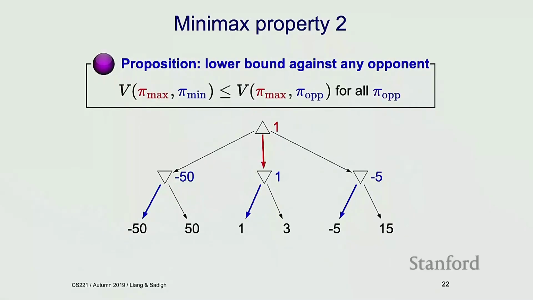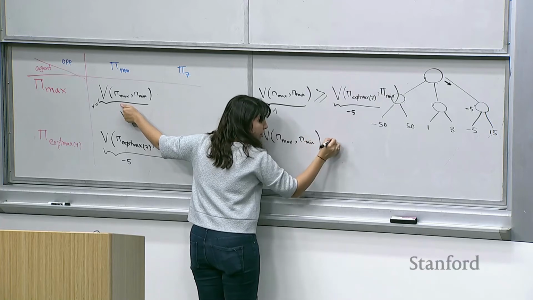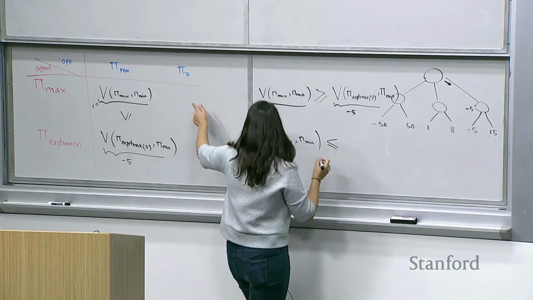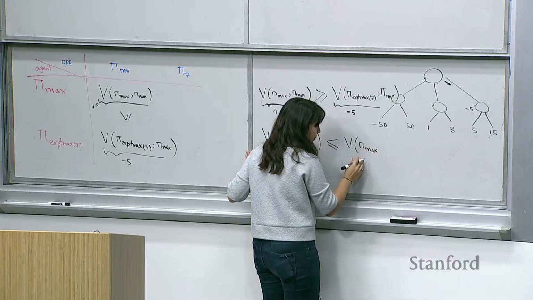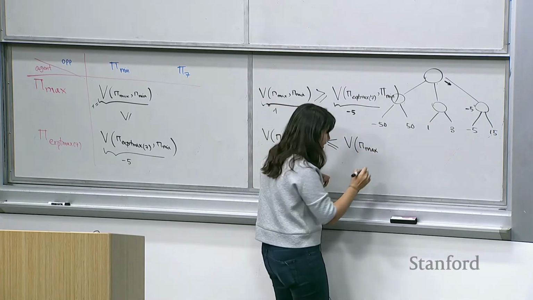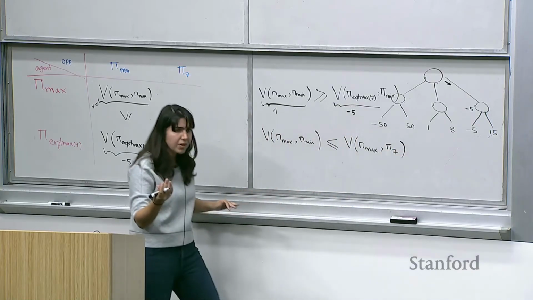Okay? The second property is that this V of pi max and pi min, again the same, is now a lower bound of a setting where your agent is maximizing, assuming your opponent is minimizing, but your opponent was actually not minimizing. Your opponent was following pi 7.